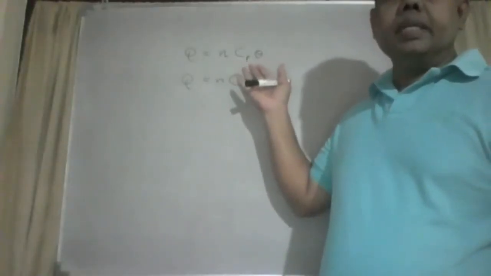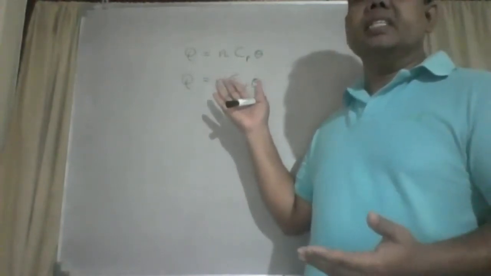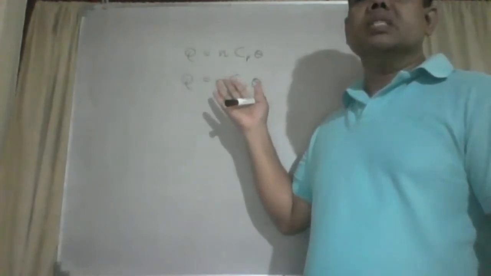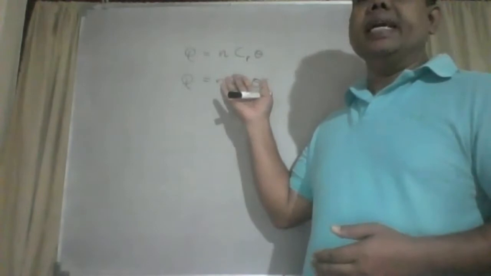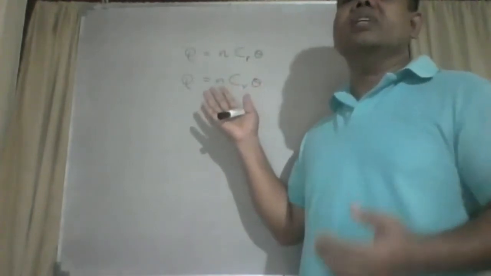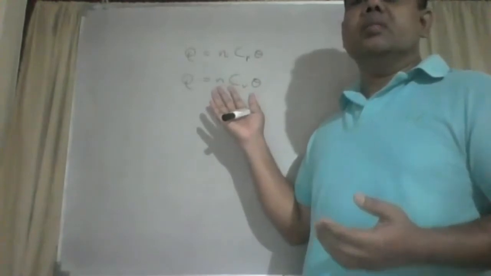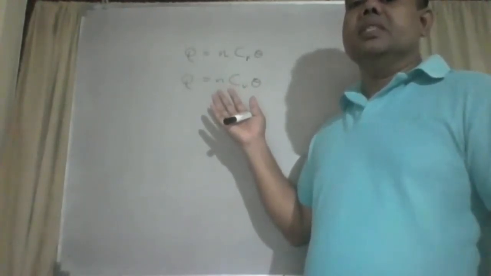If we add heat to a gas under constant pressure conditions, the equation will be Q equals n Cp theta. Here n is the number of moles of gas. Cp is then called the molar heat capacity of the gas under constant pressure.